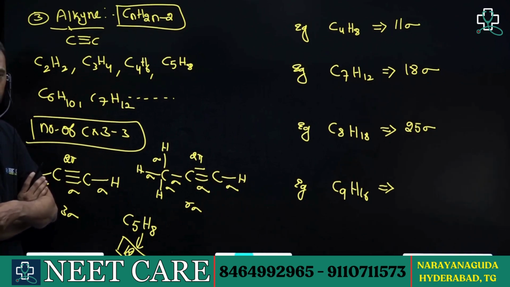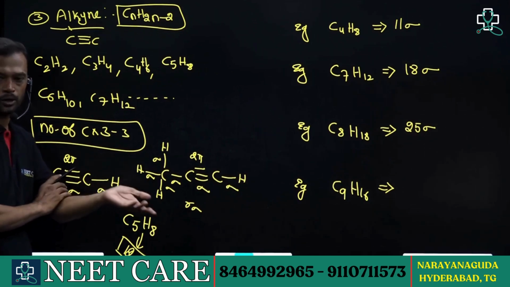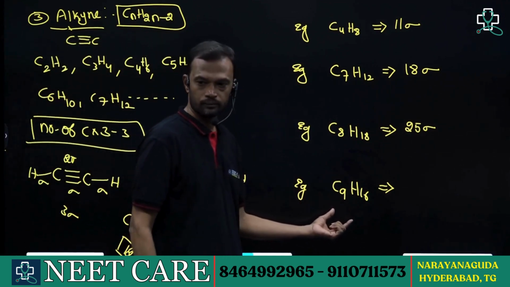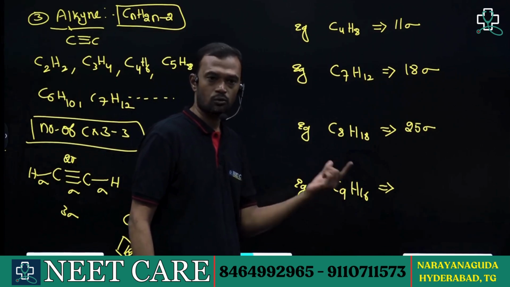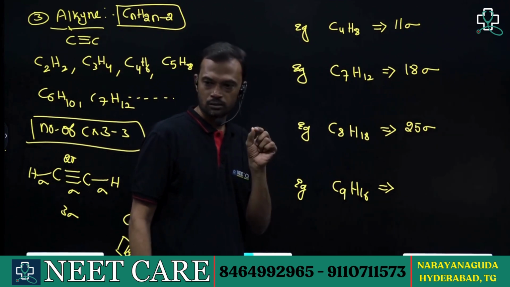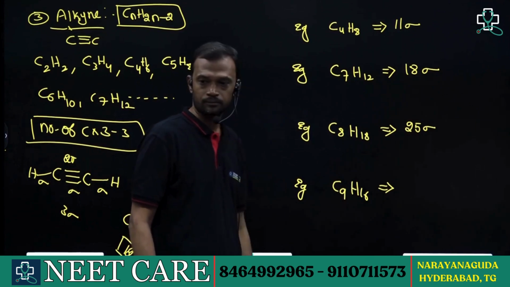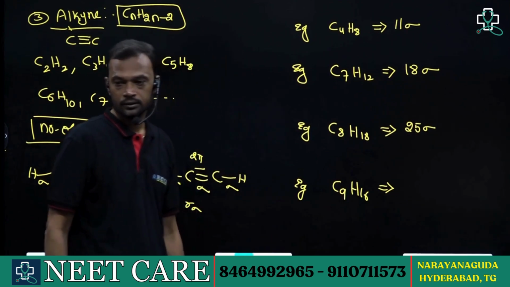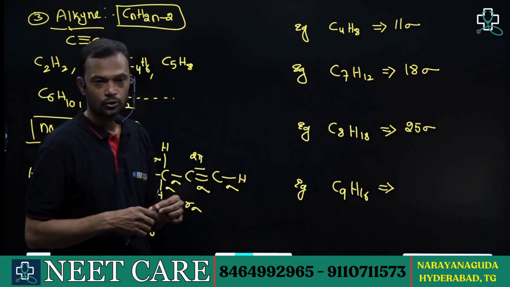What is it? Triple bond. If you are confused, say double bond, triple bond or single bond. So this formula belongs to which one? Triple bond. So what is the formula to calculate the number of sigmas? Number of carbons multiplied with 3 minus 3. How many carbons are there? 9 carbons. 9 into 3, 27... 9 into 3, 36.